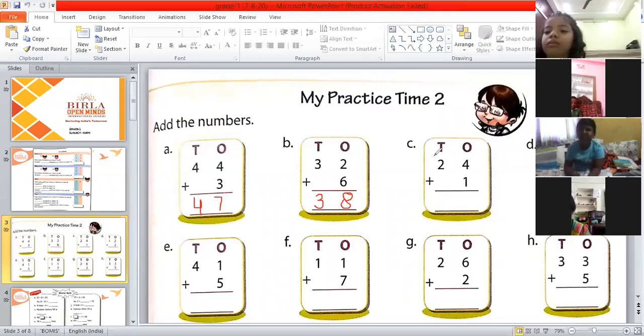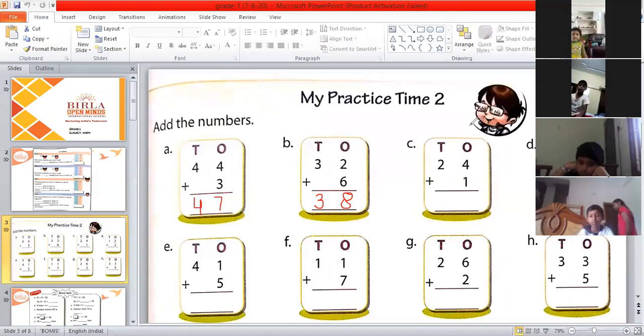Yes, Sai Ritvik. 71 is not there, ma'am, in the course book. Textbook, I said. Your mathematics textbook, that book you have to take out. Okay, ma'am.